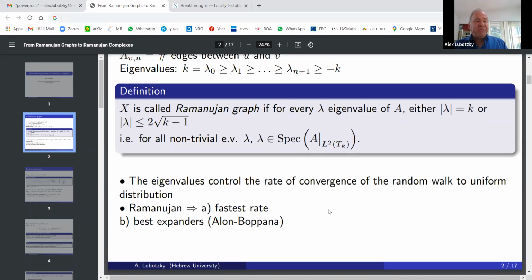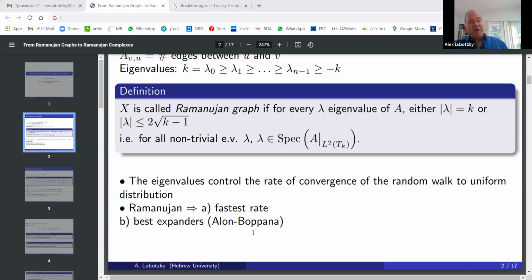Why? Because of the Alon-Boppana theorem. What one can see from elementary consideration about Markov chains is that if the eigenvalues are very, very small, the convergence of the random walk to the uniform distribution is faster.